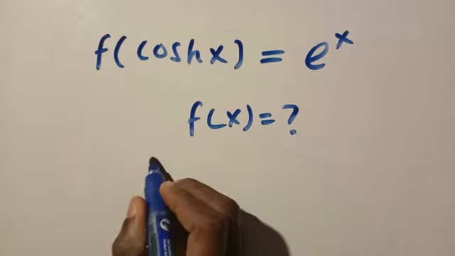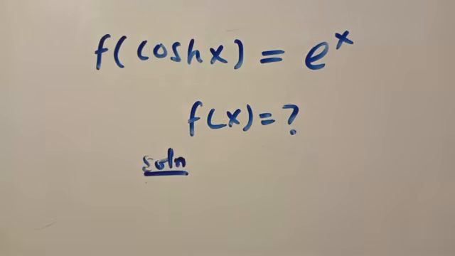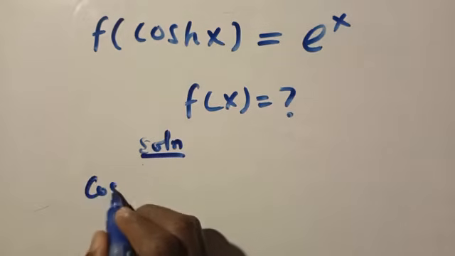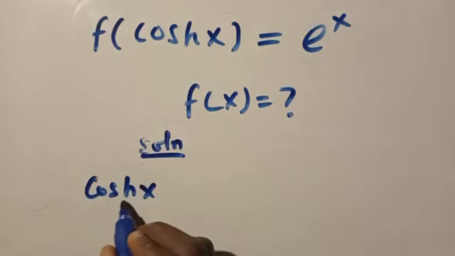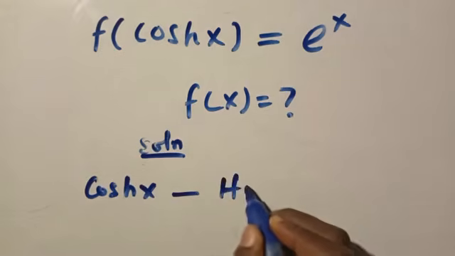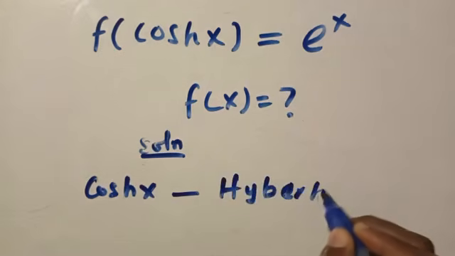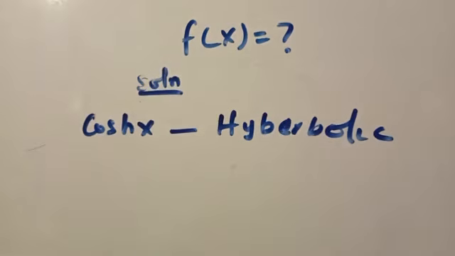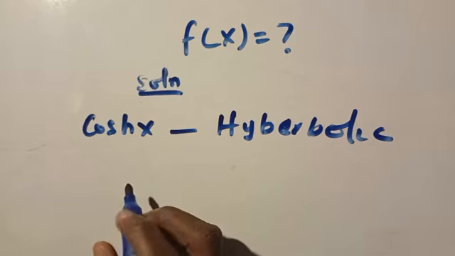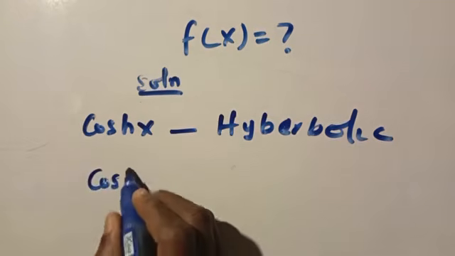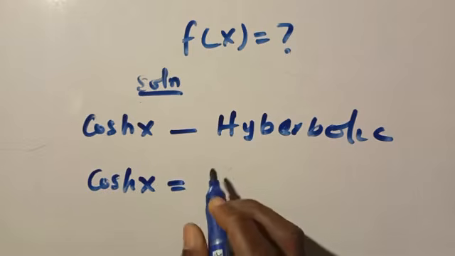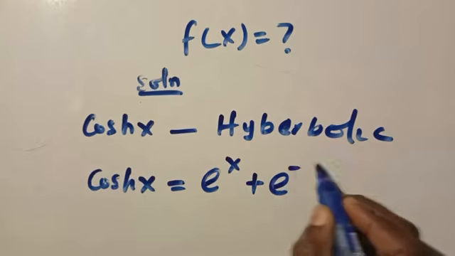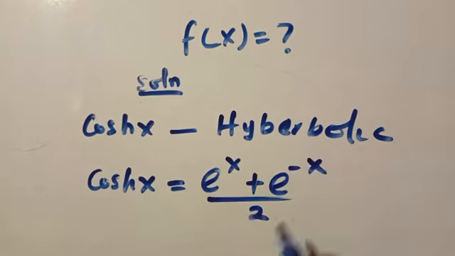Let's get into it. When we consider the solution from here, the domain of this initial function is given as hyperbolic cosh x. The h here makes it a hyperbolic function. And cosh x is given as e to the power x plus e to the power minus x, divided by 2.